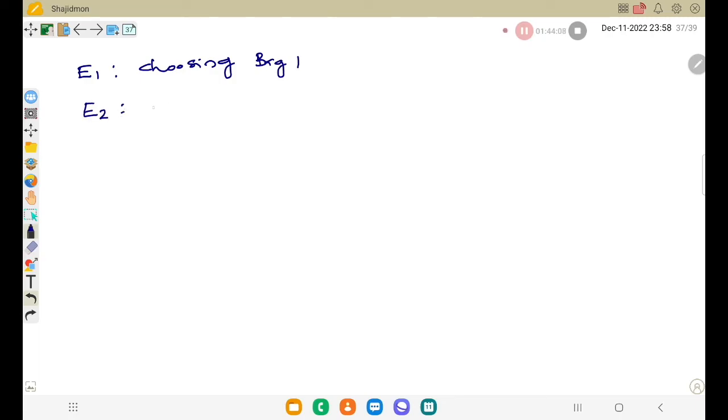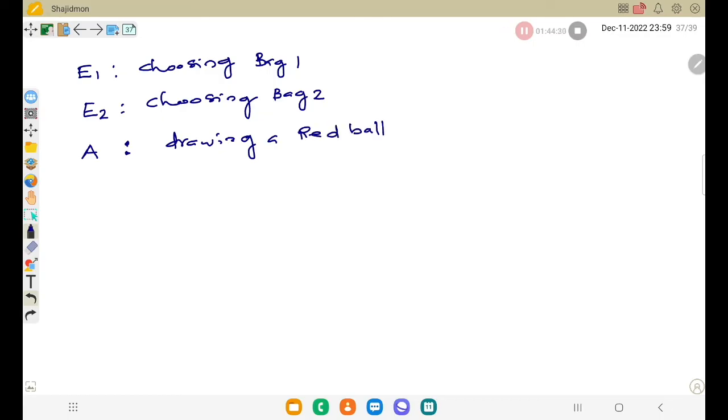E2, choosing bag number 2, correct? Then event A means what ball we got, when we are getting a red ball, correct? So drawing a red ball. This is the event A, correct?